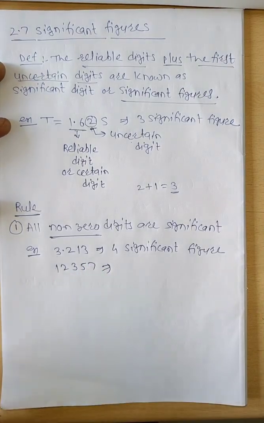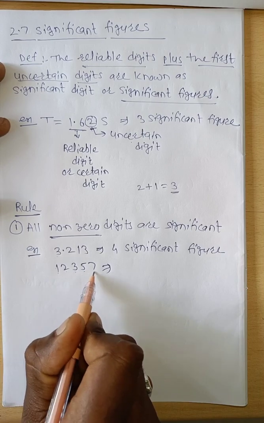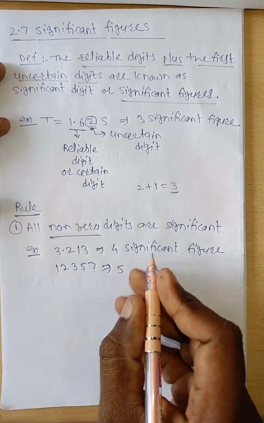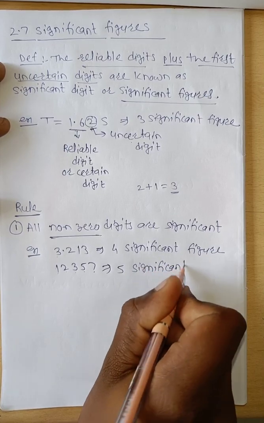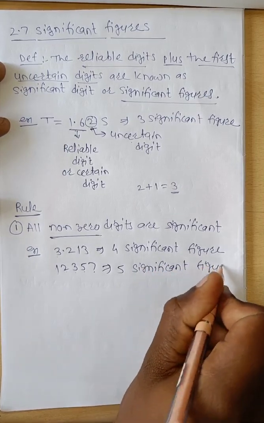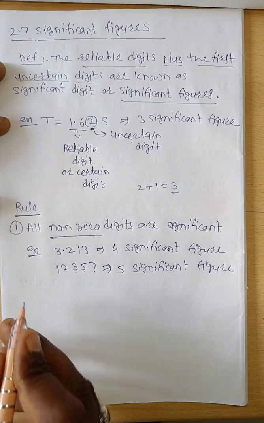In that case all digits are non-zero. Here how many digits? 1, 2, 3, 4, 5. Therefore this number has 5 significant figures. This is the first rule: all non-zero digits are significant.